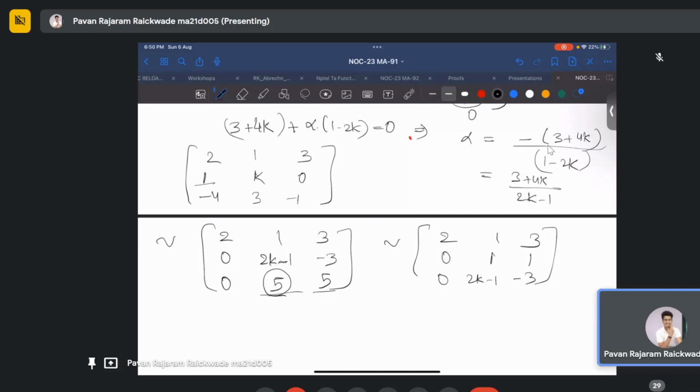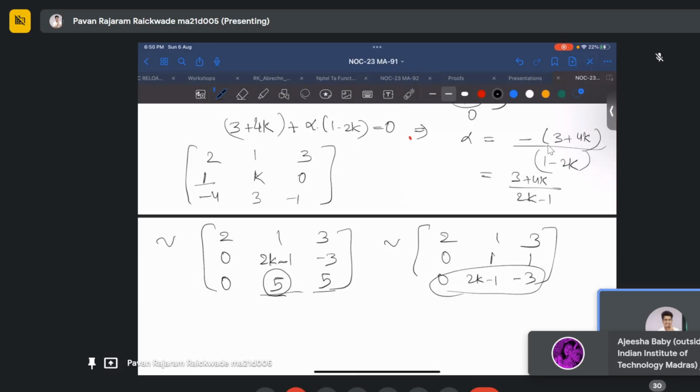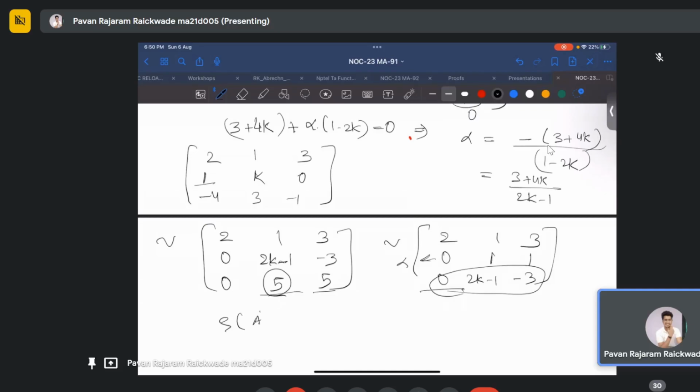Okay, so for converting this matrix into row echelon form, I have to multiply this second row by some alpha and subtract or add it into this equation, right? And then the rank of A has to be less than 3 if and only if 2k minus 1 will be the same as minus 3, right?